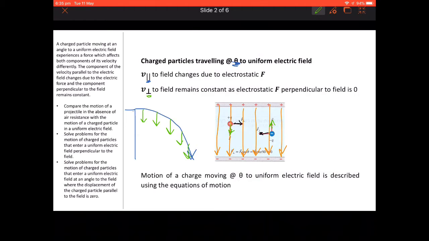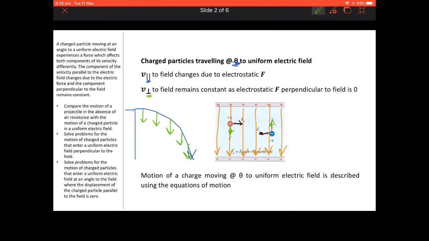That therefore means there's no acceleration horizontally, and therefore the velocity is constant. So it's the same with the velocity of particles that is perpendicular to the field and therefore the electrostatic force.